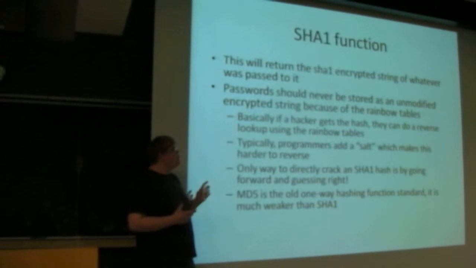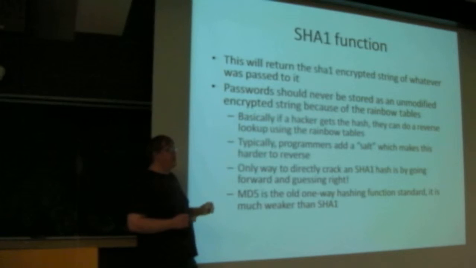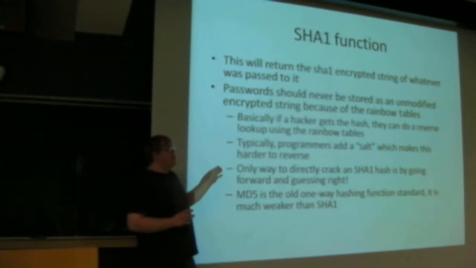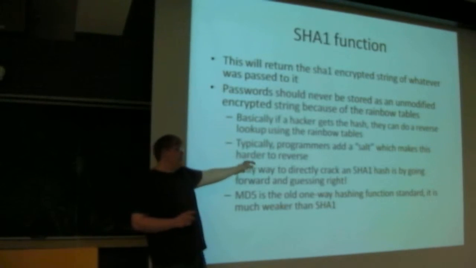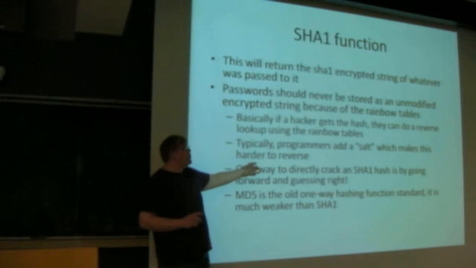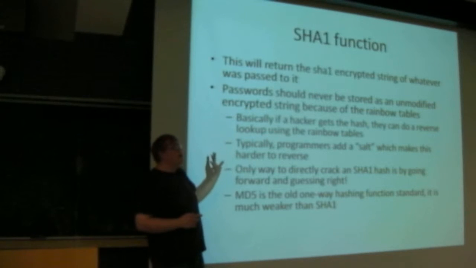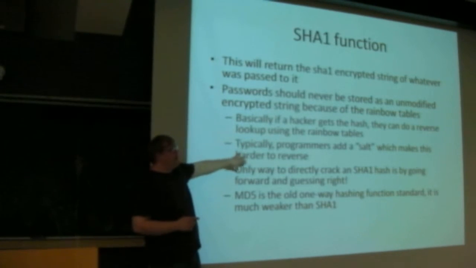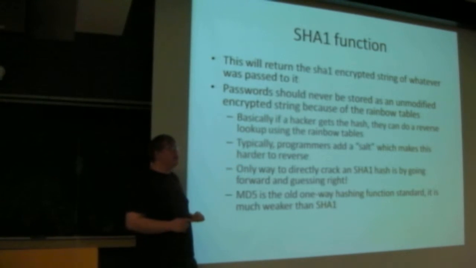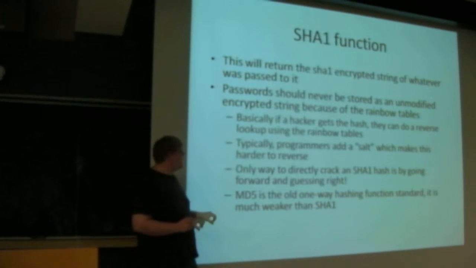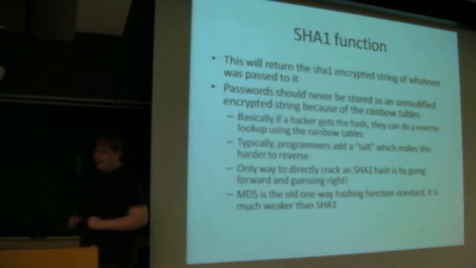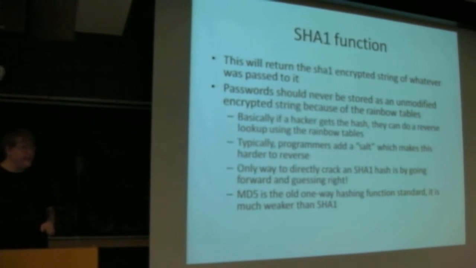To reverse it, when the user enters their password later on, what we do is we take the password, we take the original time or whatever we used as the salt or addition to the password, we redo the hash, and then we compare the hashed values to the one that was stored in the database. And that's how encryption works in PHP. Don't use MD5 because it's very weak. And I think it's been hacked recently, but I don't know.